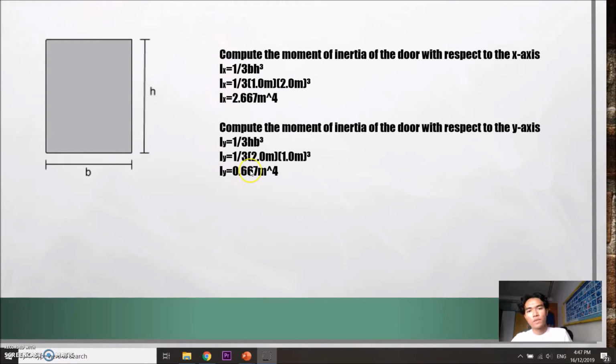Another one is with respect to the y-axis: Iy equals 1/3 b^3 h. We put the h and b values and get 0.667 meter to the power of 4. That's all for me.